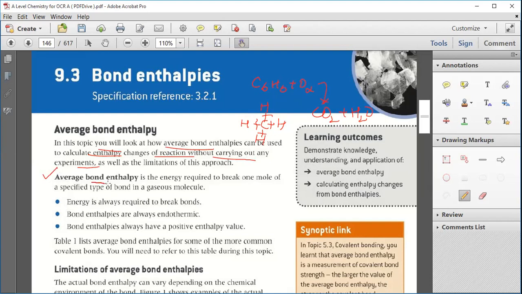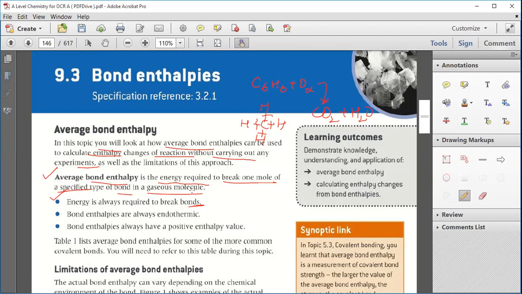Now average bond enthalpy is the energy required to break 1 mole of a specified type of bond in gaseous molecules. Energy is always required to break a bond.